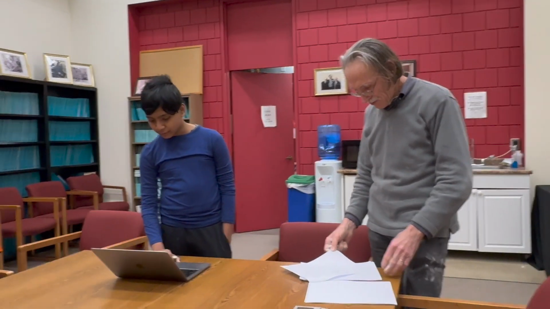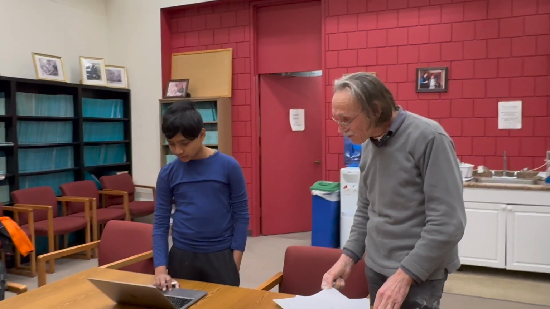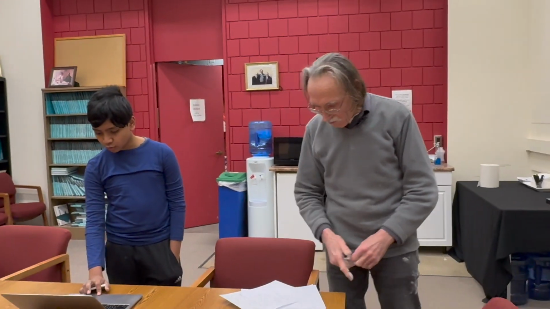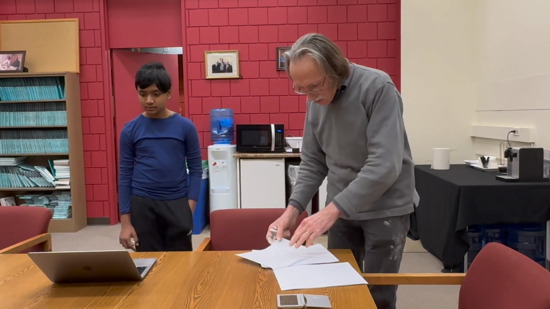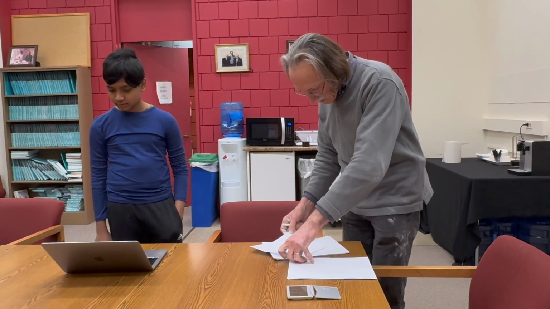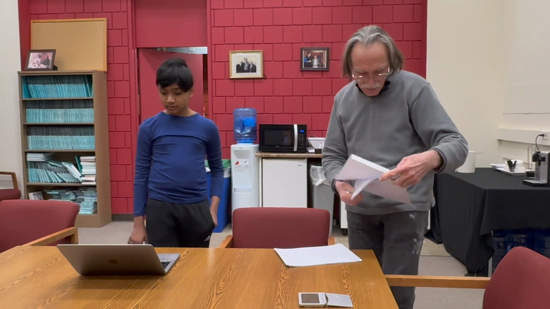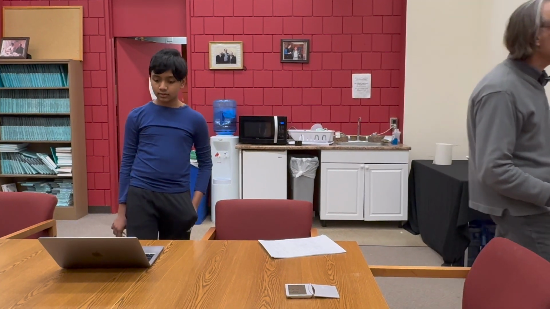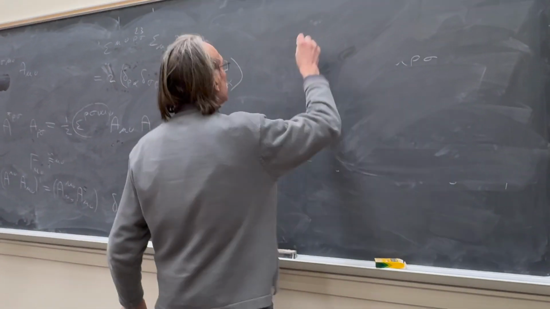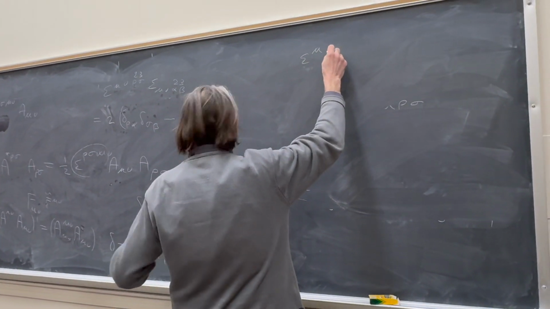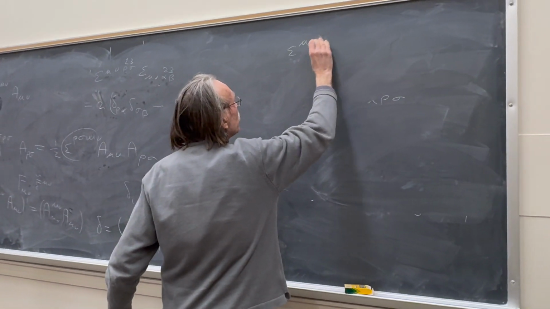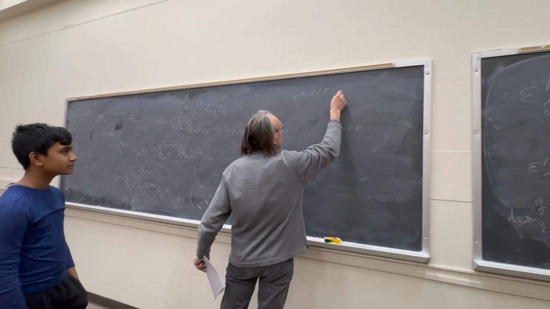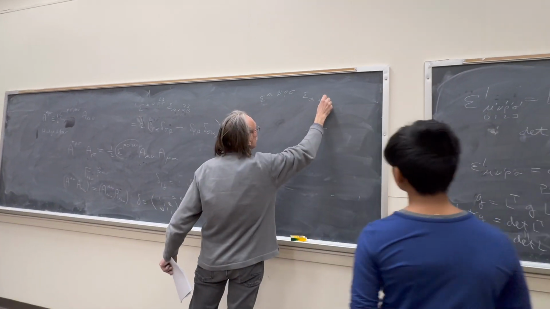So how do you come about this identity in particular? This one? Yes. If they share one index, then they're equal to. So the second one is when there are 3 indices equal. So that is epsilon mu rho sigma and epsilon alpha nu rho sigma.